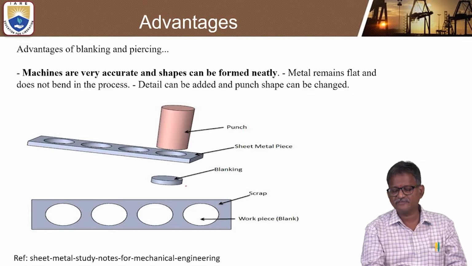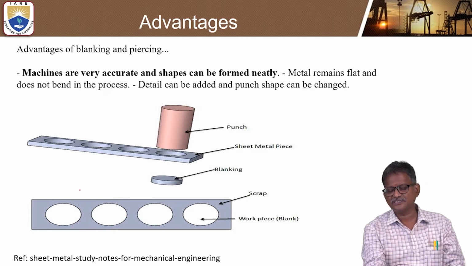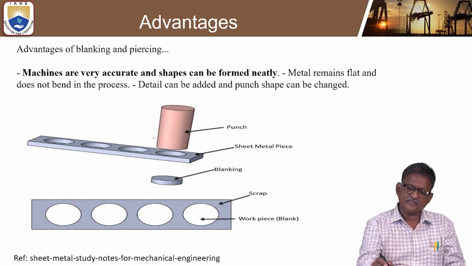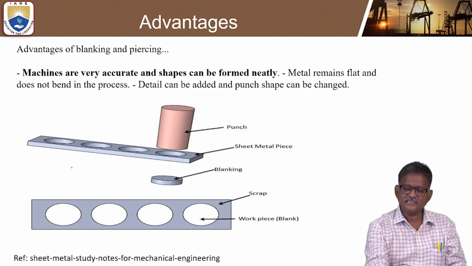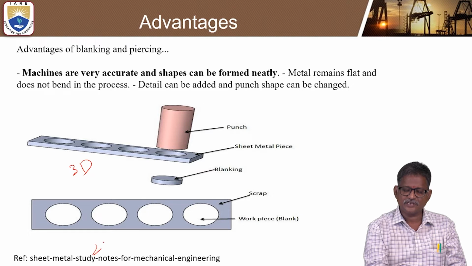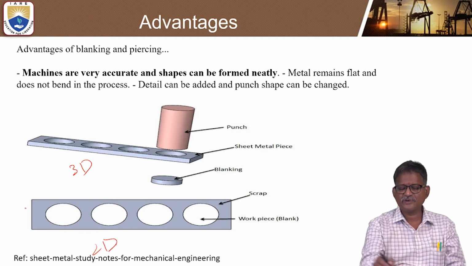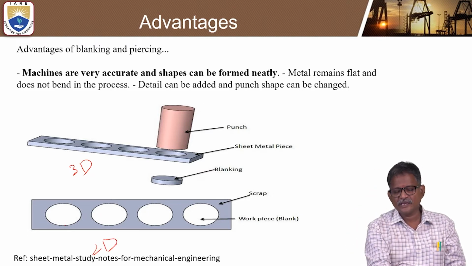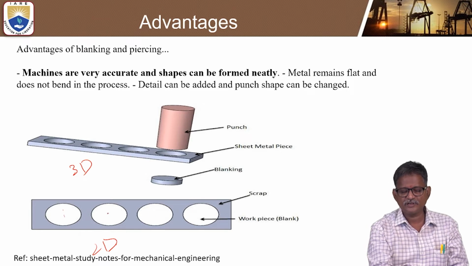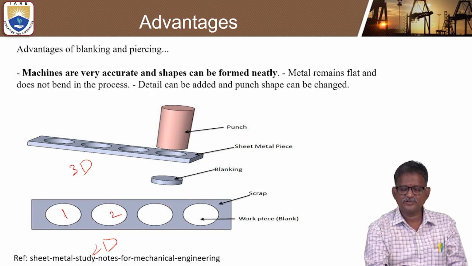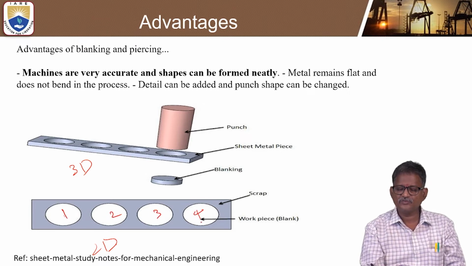So for example, there will be a sheet. Here is a 2D diagram, and this is the 3D diagram. 2D means when you see it from the top, making a series of holes: hole 1, hole 2, hole 3 and hole 4.